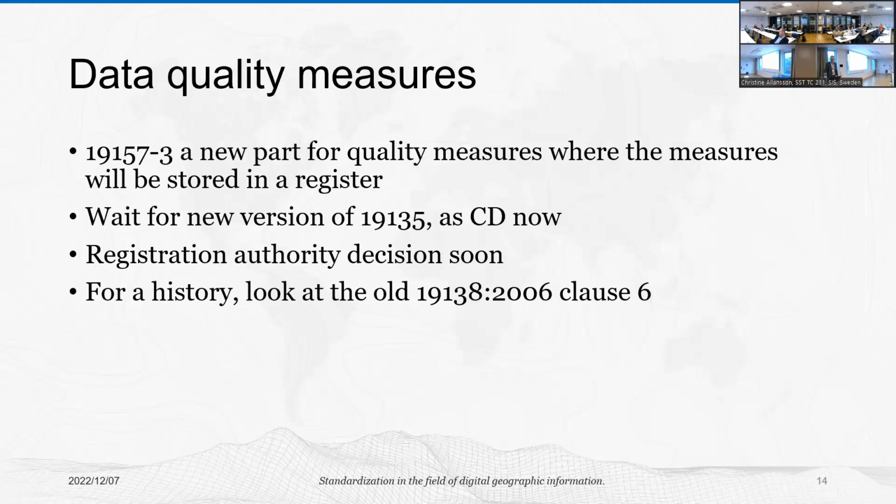And about data quality measures, we have a new part 3 for this standard, as we will start working with now. Next week, I think the registration authority will be voted, and we have to wait for the CD of 19135, which describes how to work and store a register.